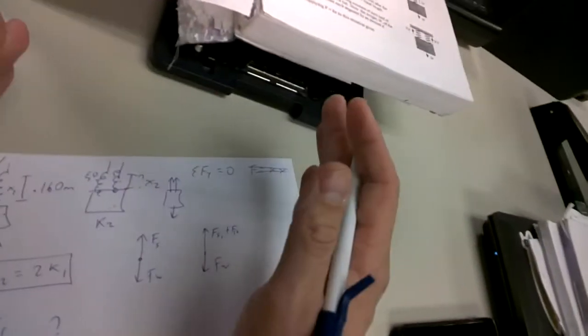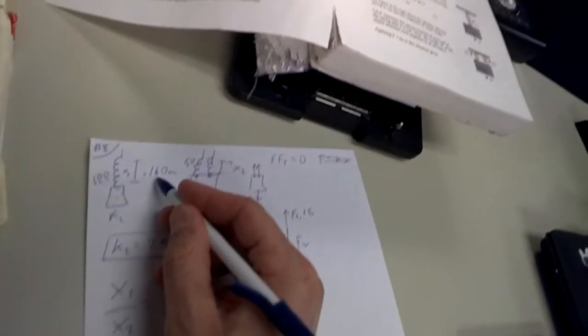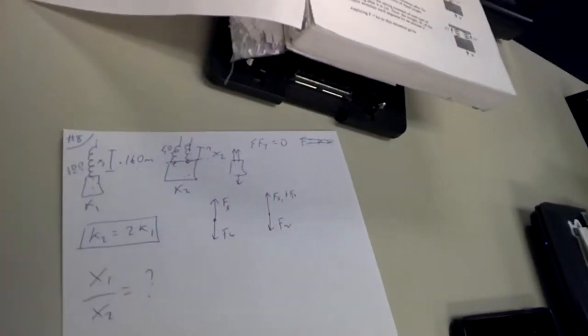If they were vertical, it wouldn't work that way. But since they're spaced out, they can each support some of the weight. On top of that, they're also stiffer springs. So I'm expecting something significantly smaller than 0.16 when I figure out this x2.